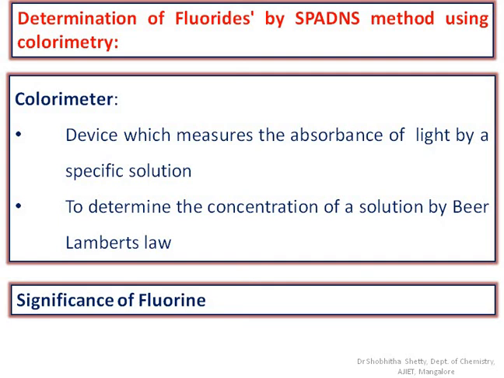It may affect the dental system, the skeletal system, and we have even heard about non-skeletal fluorosis. That is why identifying the concentration of fluorine is an important method to prevent various problems. So how is the concentration of fluoride determined? Using colorimetry.